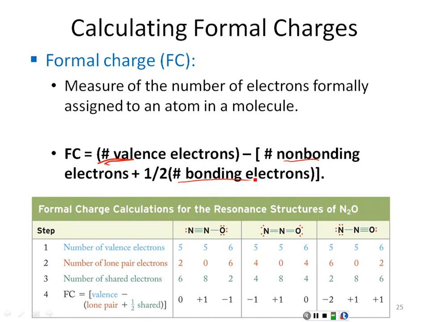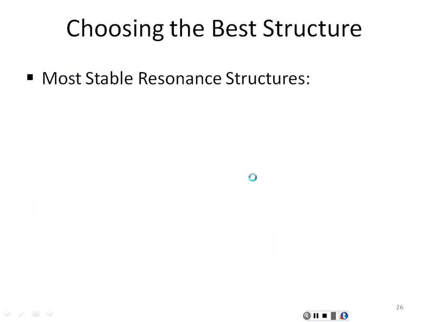And down below you see a table, and this is the calculation of formal charge for the resonance structures of N2O. So how do you choose the best structure, or the most stable resonance structure?